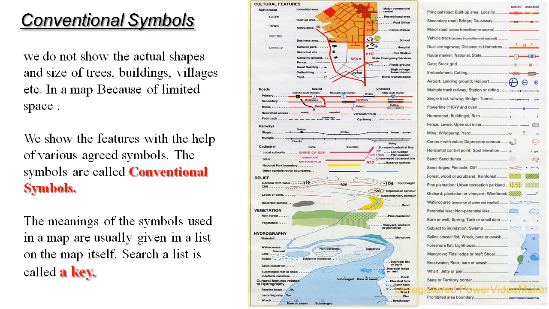Instead of that, we will put some symbols. We show the features with the help of various agreed symbols. The symbols are called conventional symbols.